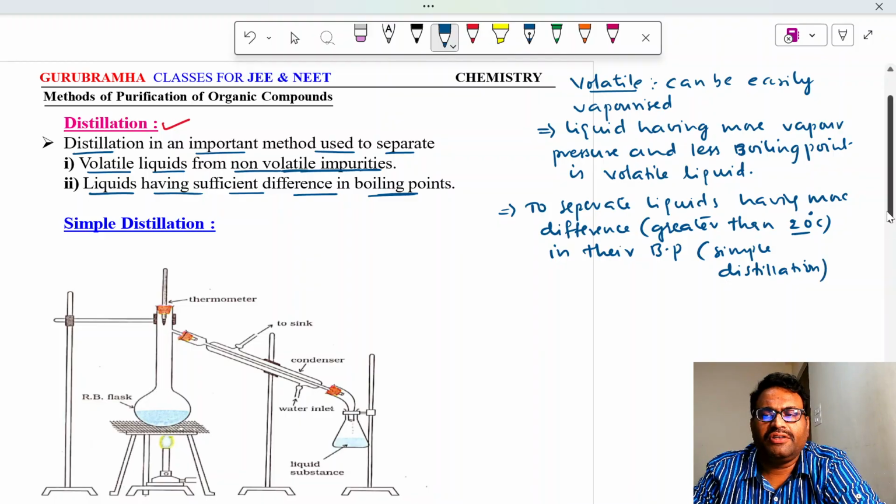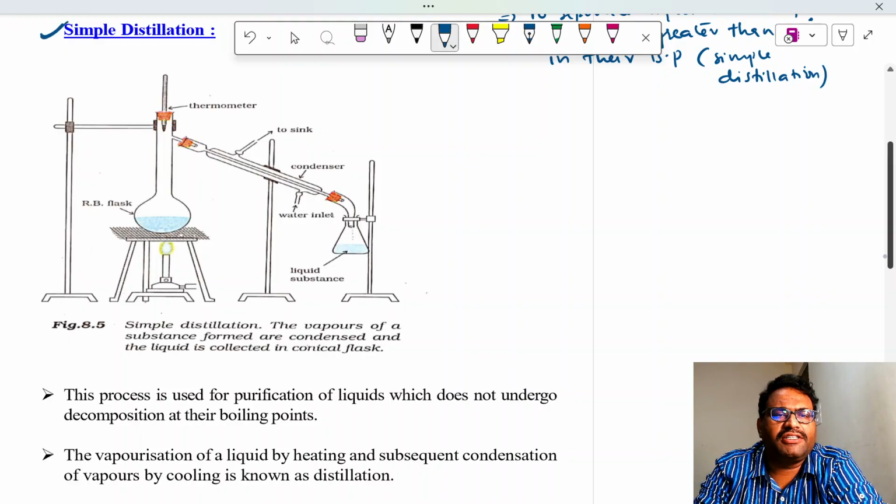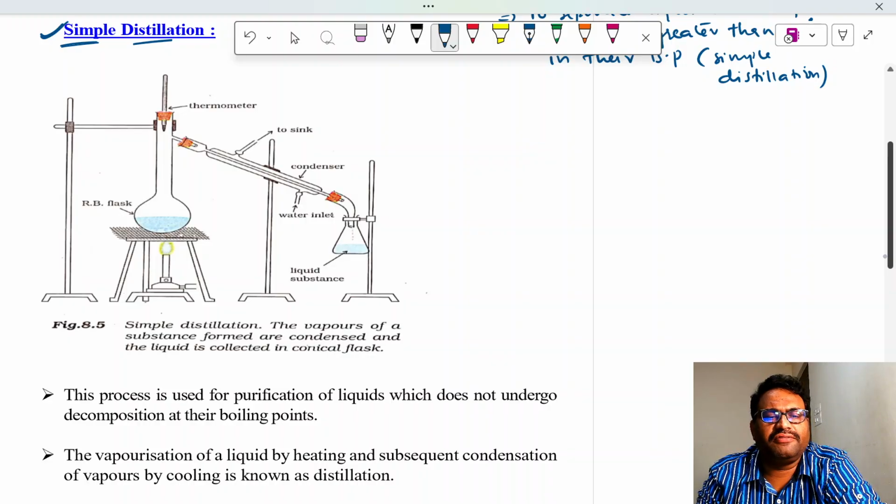Okay. See here we are given an apparatus which shows the simple distillation process. So we are speaking about simple distillation. In the simple distillation, you are finding a round bottomed flask.